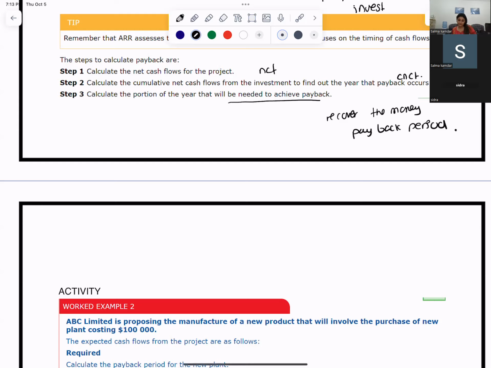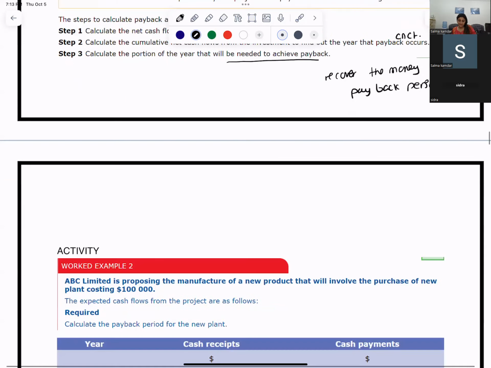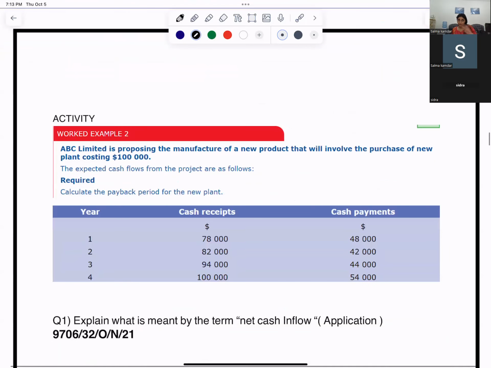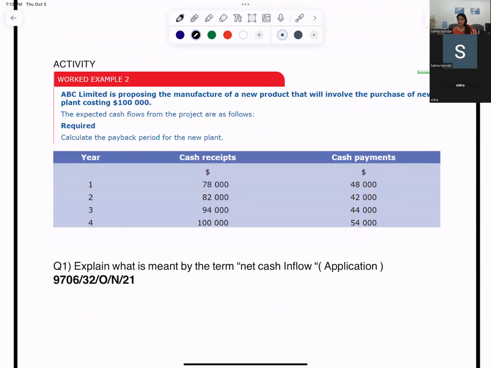First, net cash flow, then cumulative net cash flow. Profitability, depreciation to be avoided. You're only concerned with cash coming in, cash going out. Are you with me?